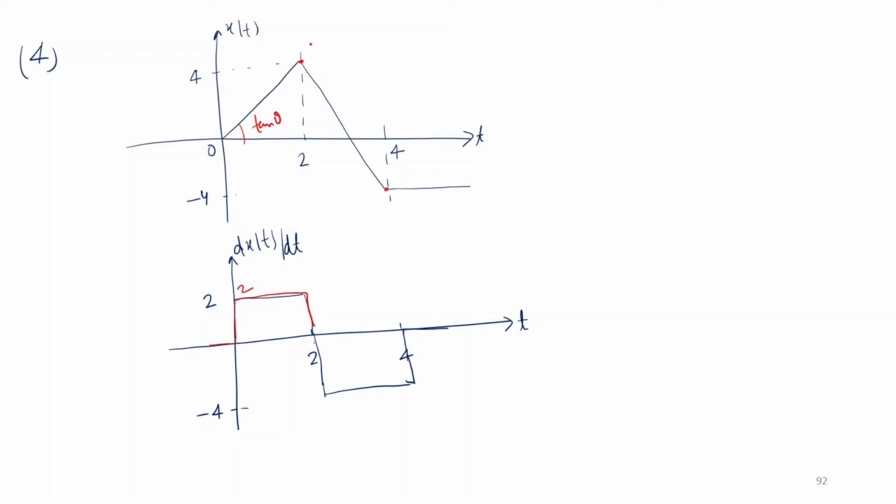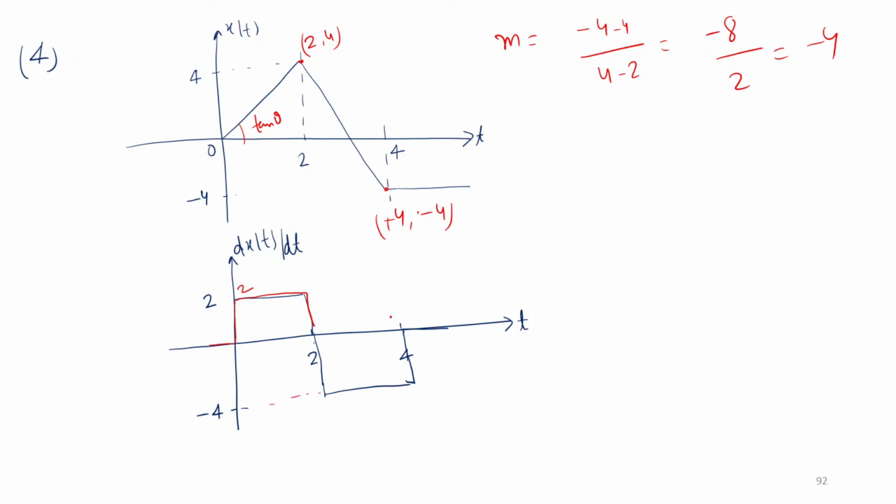How to find it? The points are (2, 4) and (4, minus 4). So how to find the slope? (y2 minus y1) divided by (x2 minus x1). Minus 8 divided by 2, it is minus 4. So 2 and it is minus 4.